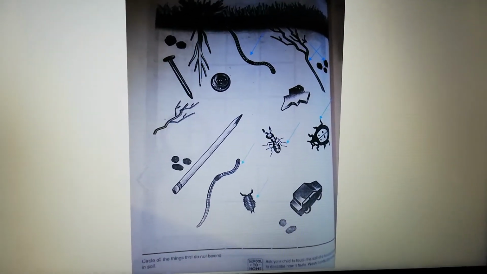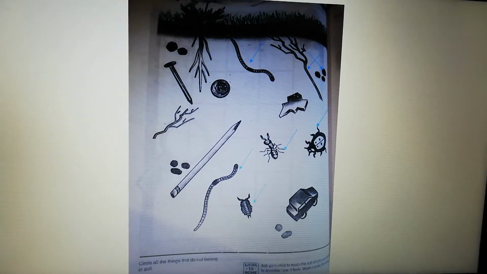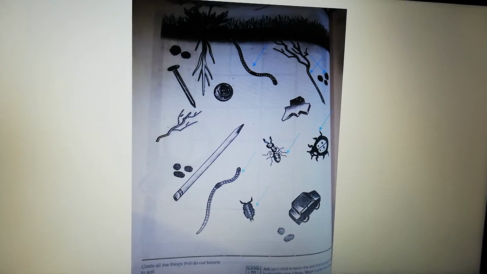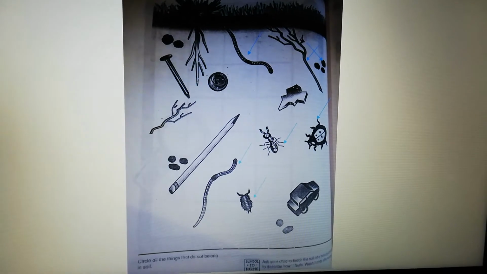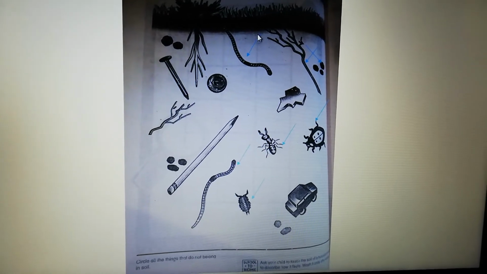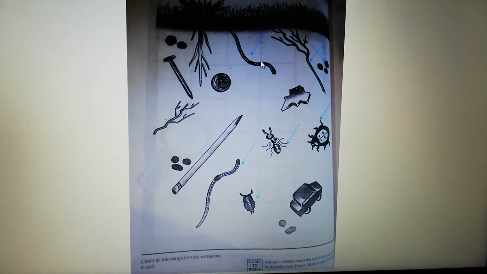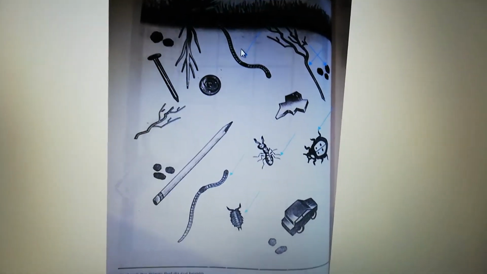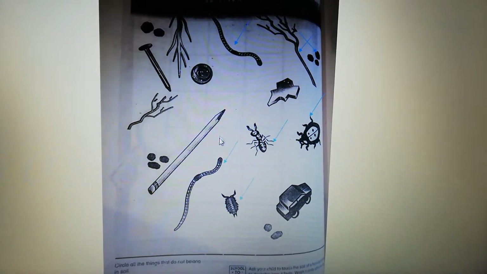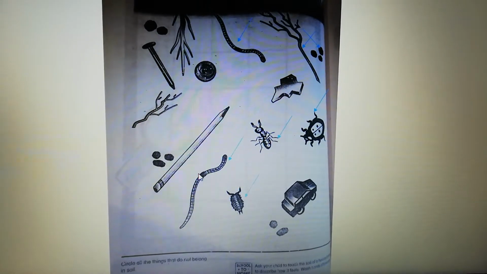Now, if you look at this picture, it's in your book, page 170. In this picture, the blue arrow resembles the things that are found inside the soil. For example, there is an earthworm. This is an earthworm. This is also an earthworm.